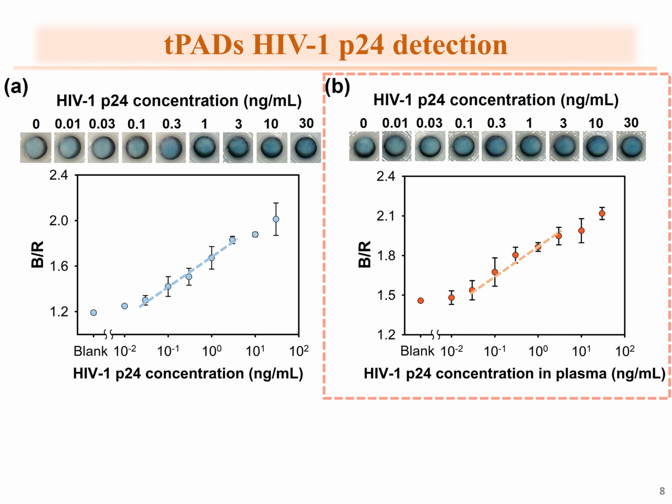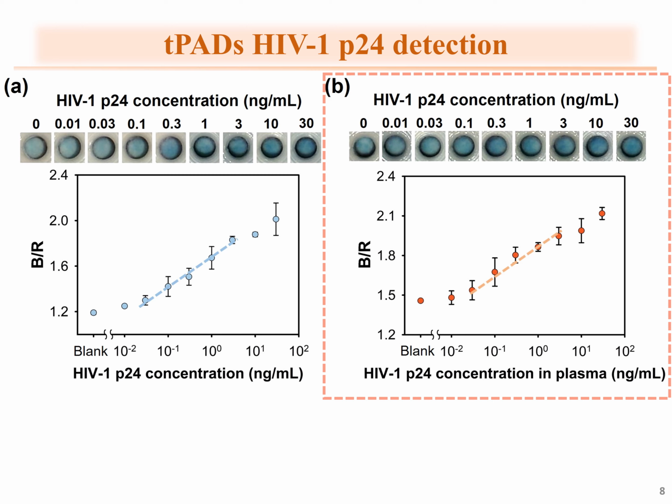To validate the feasibility of the proposed 3D T-PASS in detecting clinical samples, we further performed the tests with human plasma spiked with 0 nanogram per milliliter to 30 nanogram per milliliter of HIV-1 P24 protein.